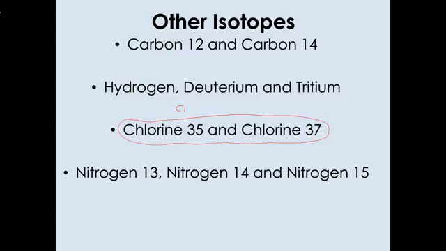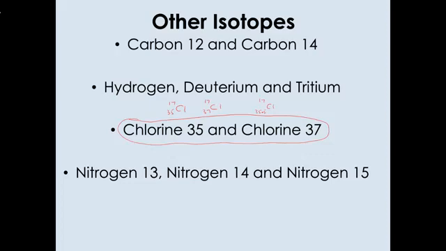So if we were to write those out, we'd write them as 35-17, and this one as 37-17. So if we remember from the periodic table from our starter, we have 17 and we have 35.5. So that 35.5 is an average of these 2, bearing in mind that it's not half and half.